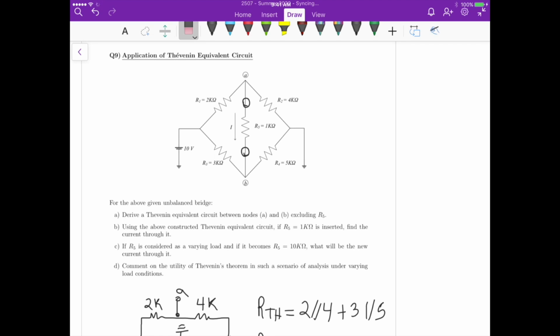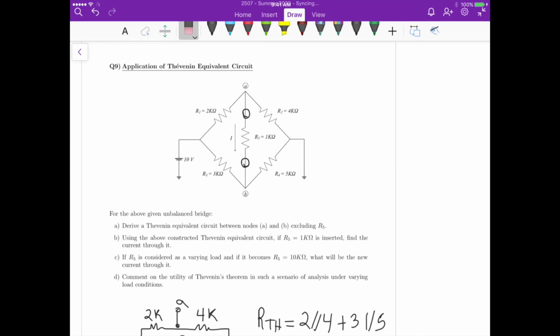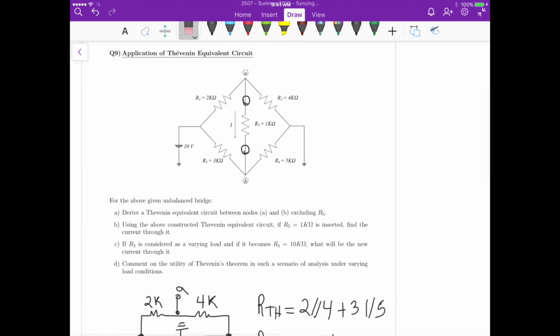So if we look at this circuit the way it is here, we have an open circuit between A and B. So between this node here and this node here, we have this 10 volts applied, okay? Because we have 10 volts here and we have 0 here. This is an open circuit between A here and B here, right?